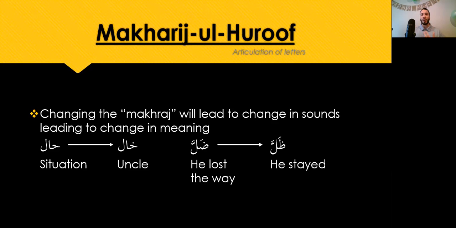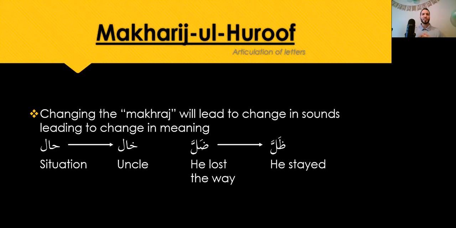They use dha instead of da, but there is a different letter that is dha. Unfortunately, that's how they normally speak in their dialects, but that's not the correct Arabic. If we switch that, instead of 'he went misguided,' the meaning is 'he stayed.' He insisted on something. So the meaning is greatly changed when we change the makhraj, the exit of a letter.